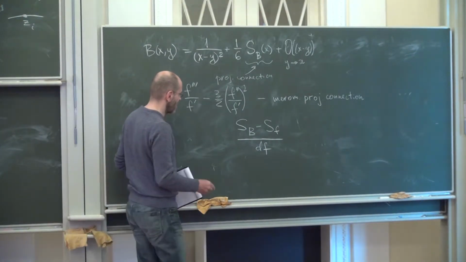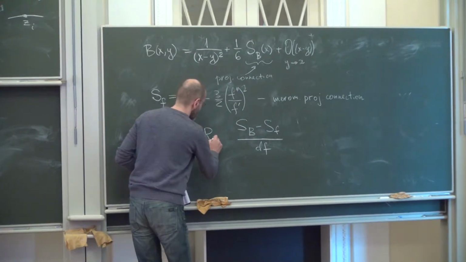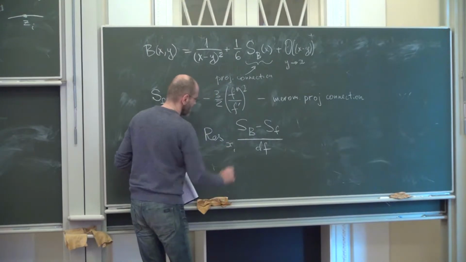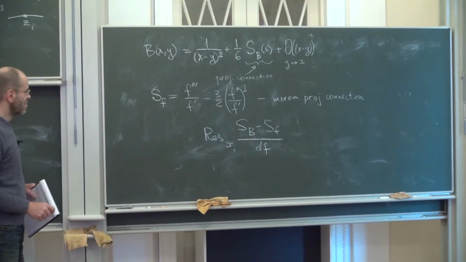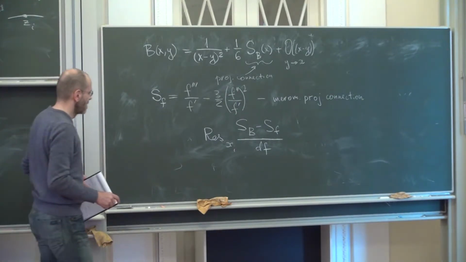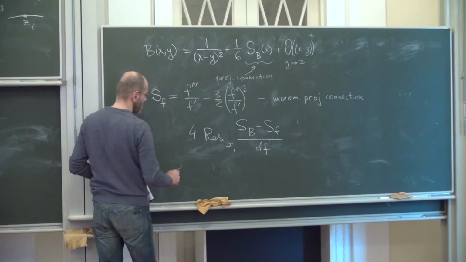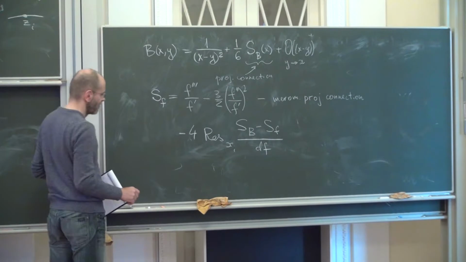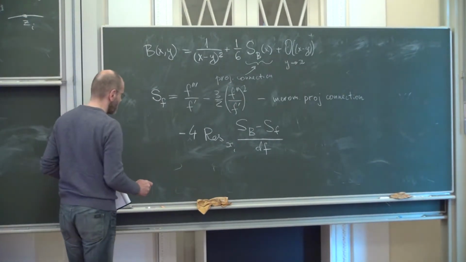So its residues are well defined, and we will be interested in its residues at the critical points. There are n of them, so let's take the residue at each of them. It's a well-defined number. Let's multiply it by 4 for the sake of convenience, to make the subsequent formulas simpler.